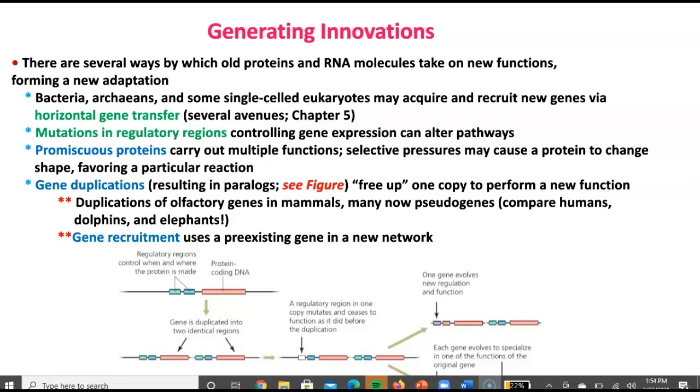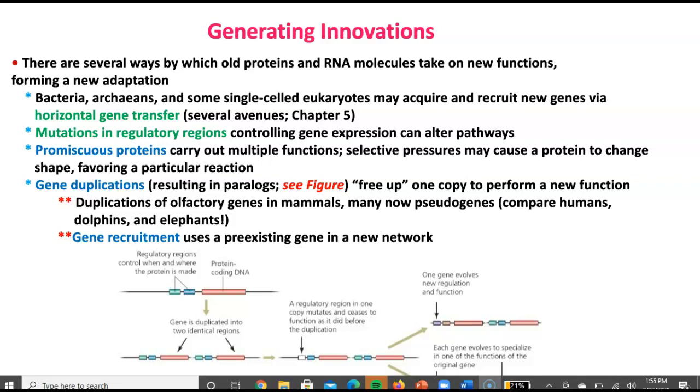So the figure on the bottom of your slide here is showing you how you could start off with a gene, protein coding DNA, that has nearby regulatory regions. And, well, that gene could be duplicated. So if you follow the figure there, now you've got 2 copies of this gene. And with 2 copies of that gene, each of those copies can be freed up to be performing some new functions. So generating innovations.